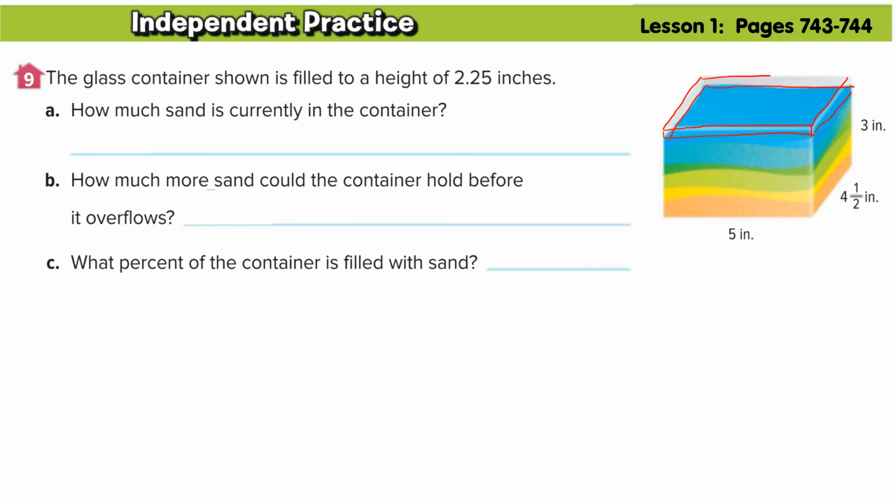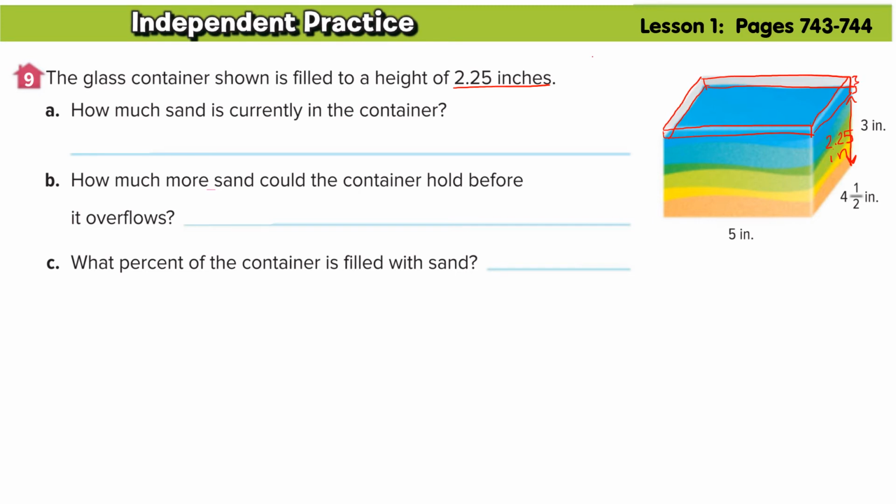All right. Now, this tells me that the sand goes up 2 1/4 inches up. So from here down to here is 2.25 inches.